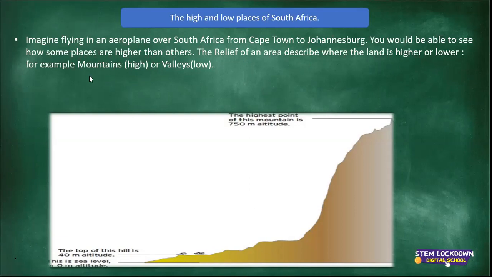For example, mountains are high and valleys are low. So if you are flying from Cape Town to Johannesburg and you pass a place like this, you will be able to see that some places are higher and some are lower. All right.